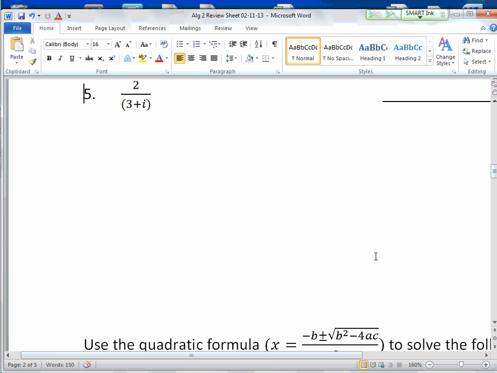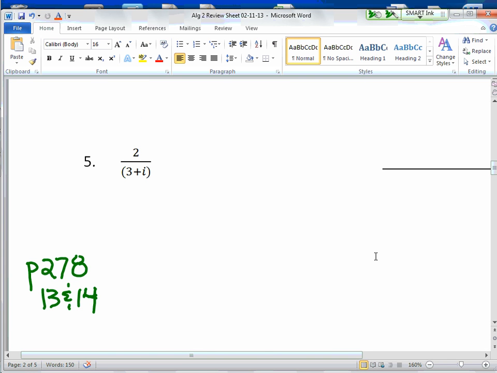If you want to do more practice problems like this, you can look at page 278, numbers 13 and 14. So if after this explanation you don't feel super confident about your ability to do this kind of problem, you could get some further practice with those problems. And I'll write the answers to those problems here so you'll know if you're right.